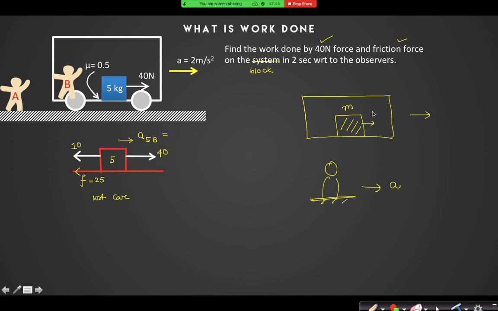If I give it a force F, what are the forces? The friction, force F and pseudo force. Why are you saying pseudo force? Now you are saying pseudo force only for the reason that the person is outside of that car.